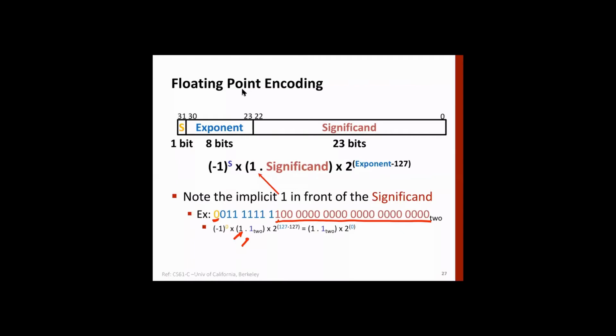Then this is nothing but 127, and from that we subtract the bias value, because when you code this you add 127, so the actual value is this much minus 127, which is equivalent to 1.1 in binary, which is nothing but 1.5 in decimal.